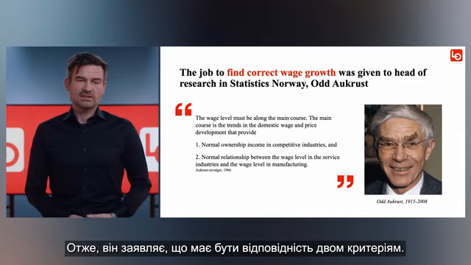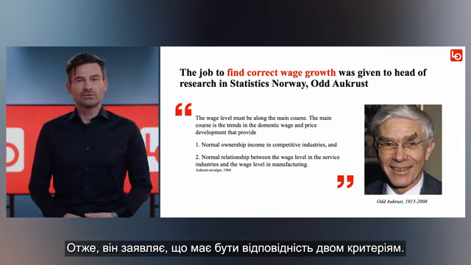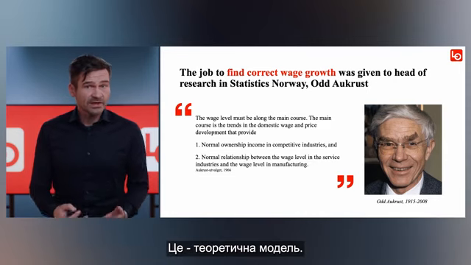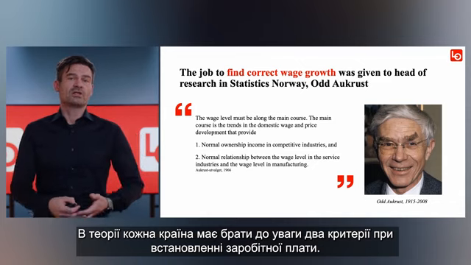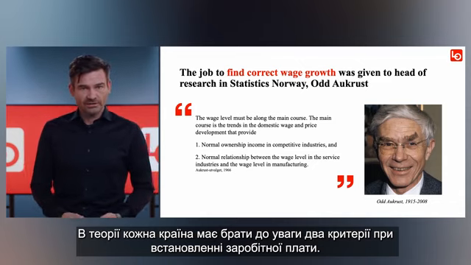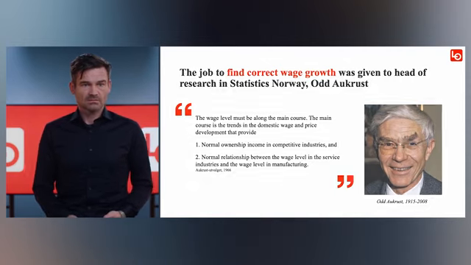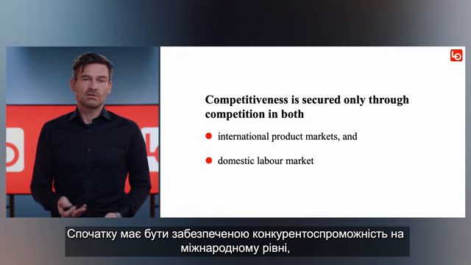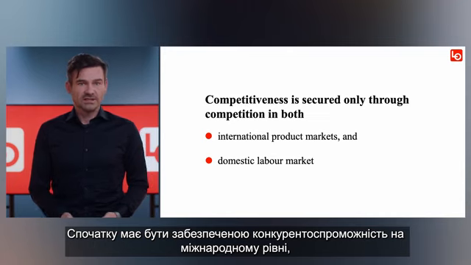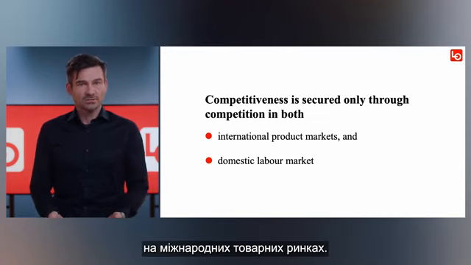So he states that you have to fulfill two criteria, and this is a theoretical model. So in theory, every country has to face two criteria for wage setting. First, you must secure international competitiveness in the international product markets.